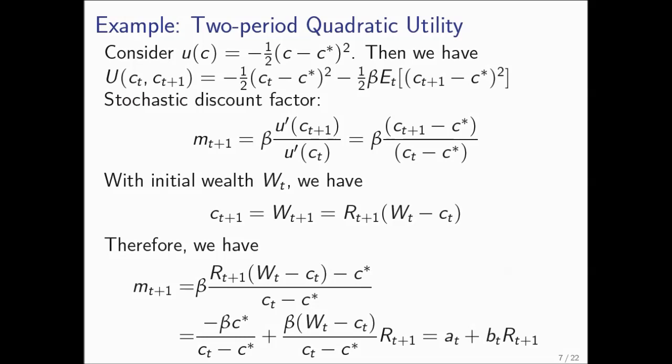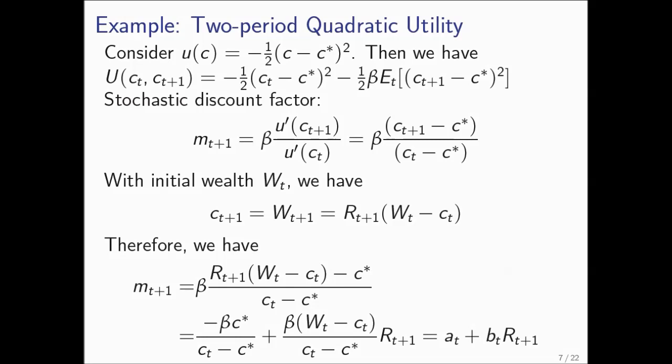If you use this small u quadratic utility function, we have the big U like this, and by some calculation we can do it easily, right? The stochastic discount factor will be this, as we recall, and the marginal utility of the squared term, we can take the derivative down and it becomes this. The two cancels out.